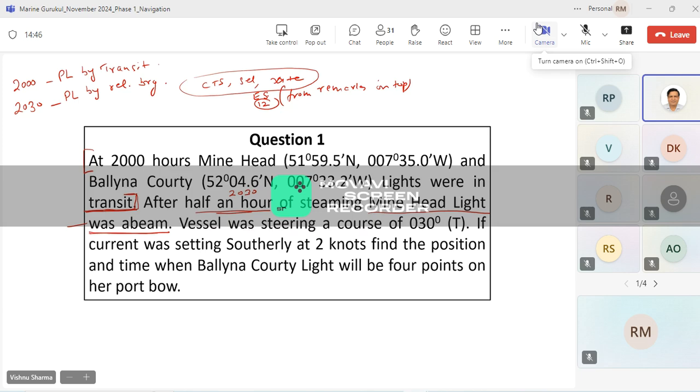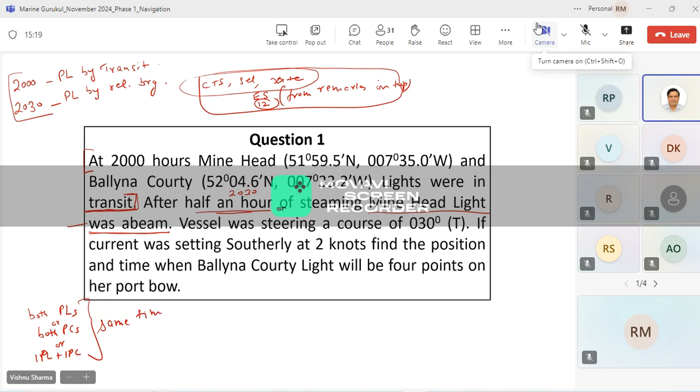You can see, what has happened now is we have this information to be able to complete the triangle, but we do not have the PLs for the same time. How does this question differ from what we did yesterday? Yesterday, both PLs or both PCs or one PL and one PC were all for the same time, guys, which we call simultaneous observation, right?